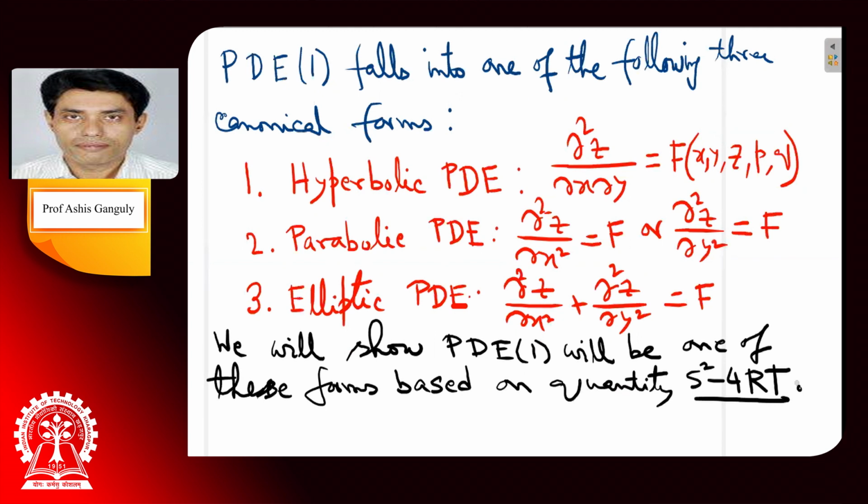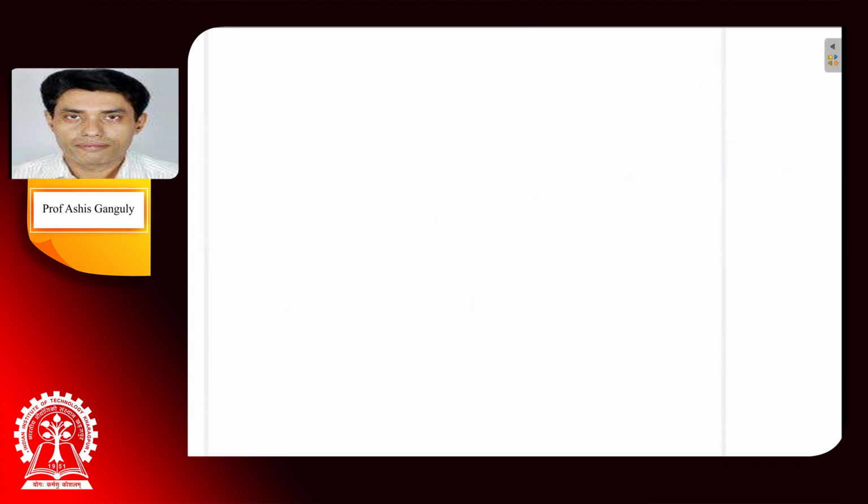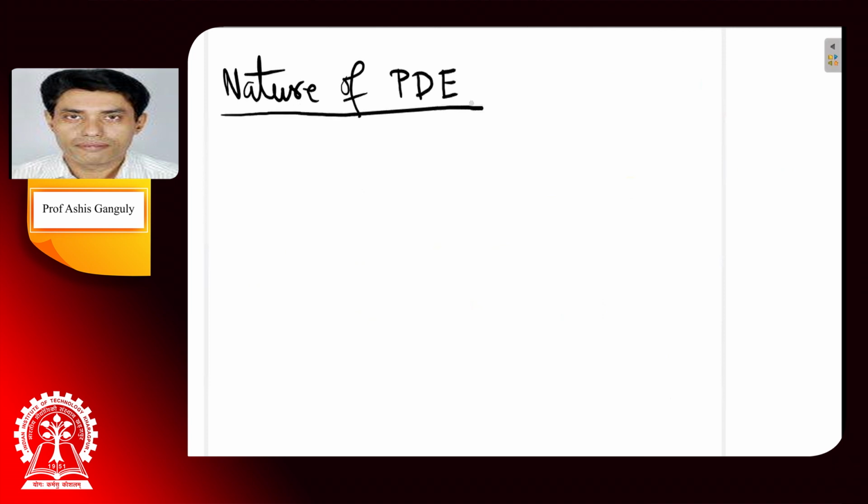You are getting three conics, right? So here, on the next page, let me write down first the nature of the PDE based on the quantity s square minus 4RT.